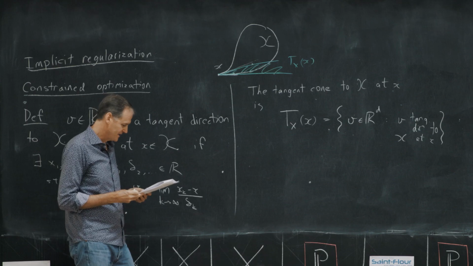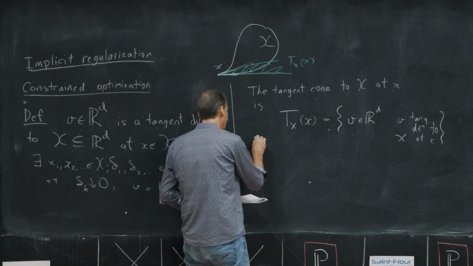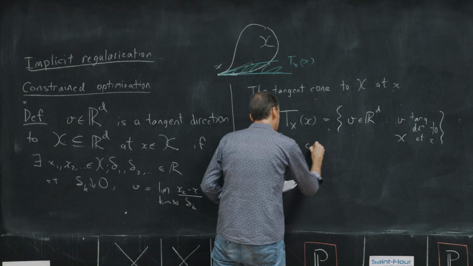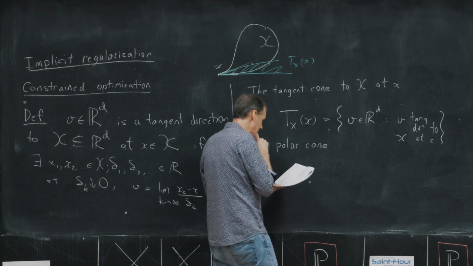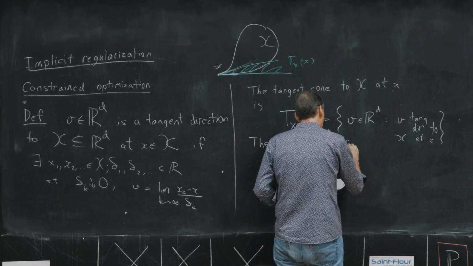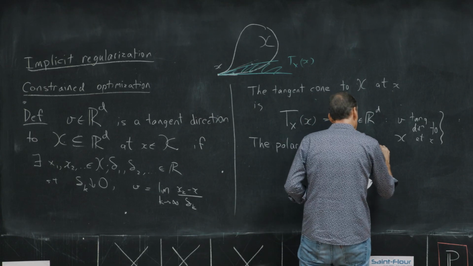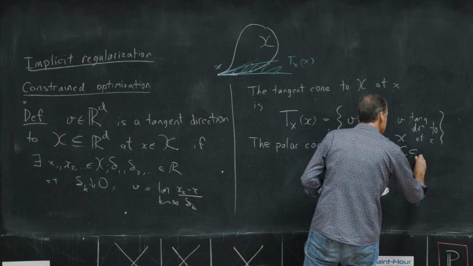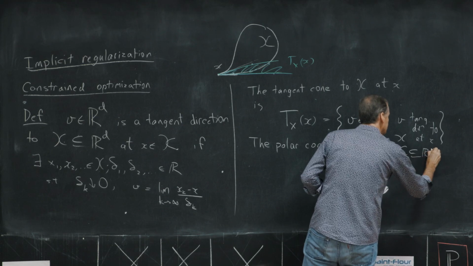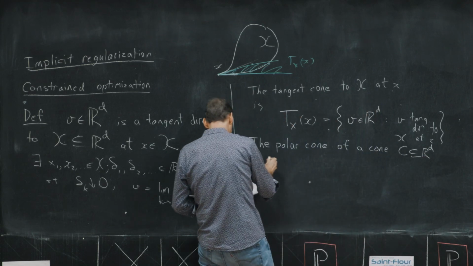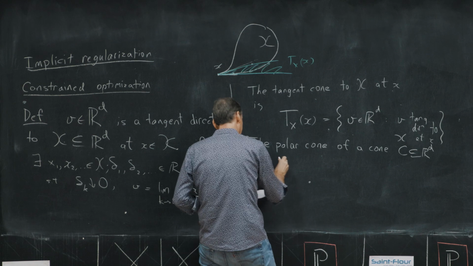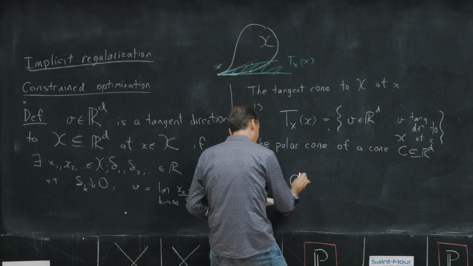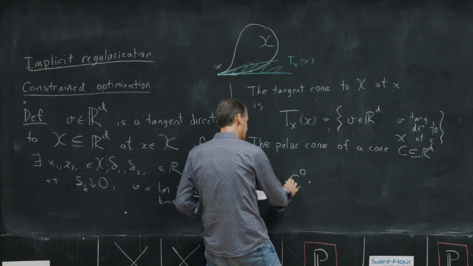So the tangent cone is a cone, and the polar cone of a cone C in R^d is this convex closed cone, which we write C polar.